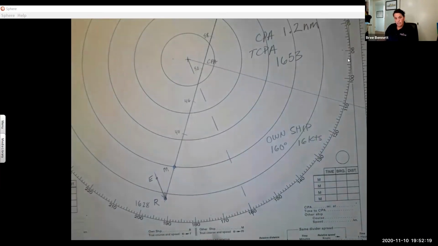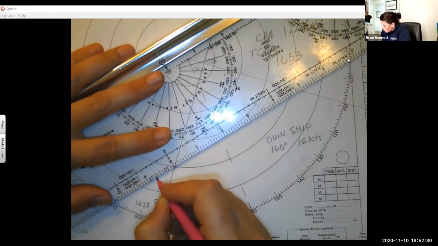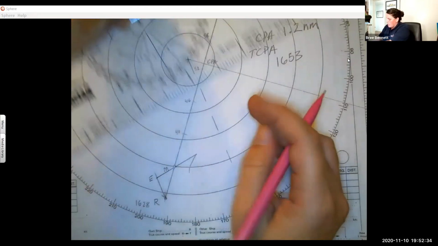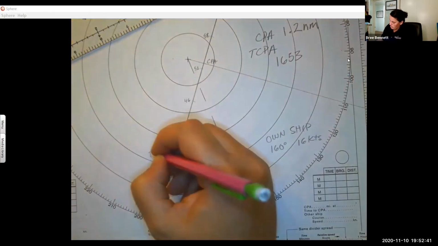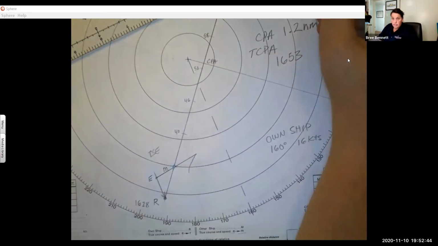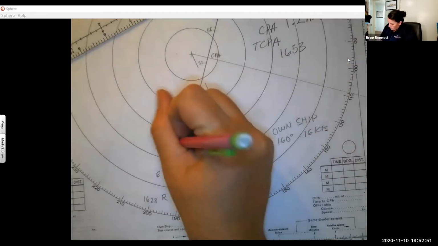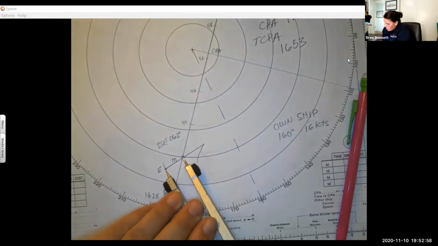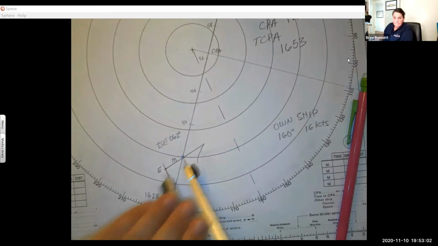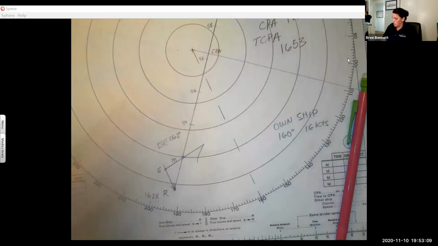The other ship's true course and speed is E to M. So we're going to connect E to M. I'm going to parallel it up so I can get what the other ship's true course is, 062 at a speed of 16 knots, 1.6.